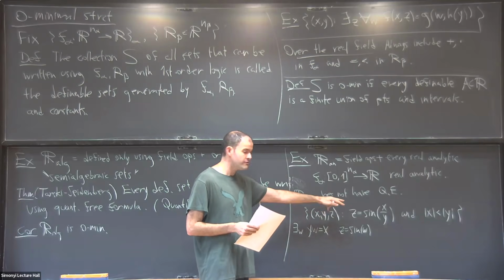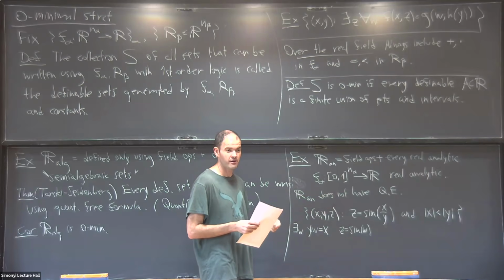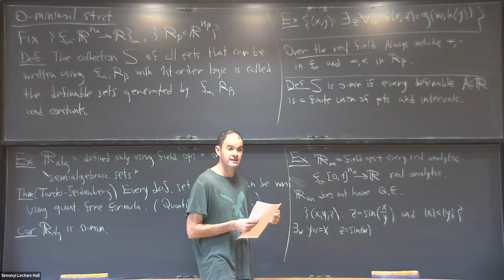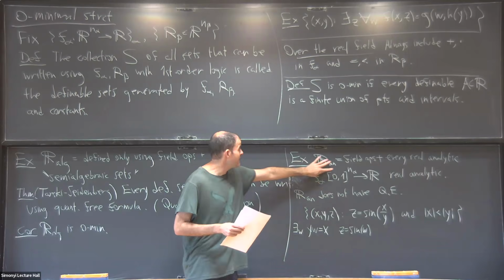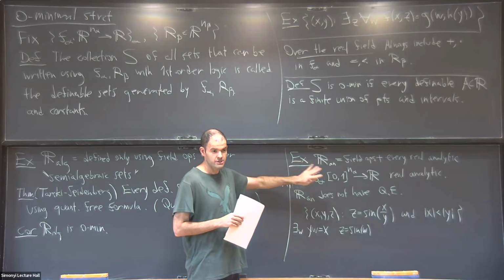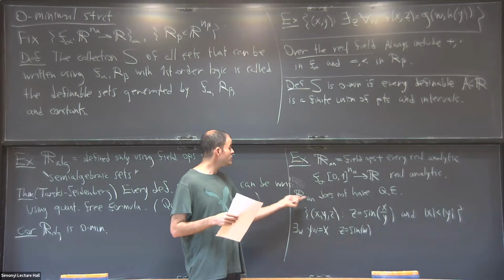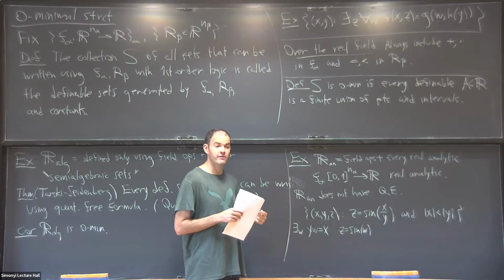If you allow this division, then R_an does have quantifier elimination. It's a theorem of Denef and van den Dries, I guess. So in the language that I defined here, it does not have quantifier elimination, but if you allow this division into your language, then it will.